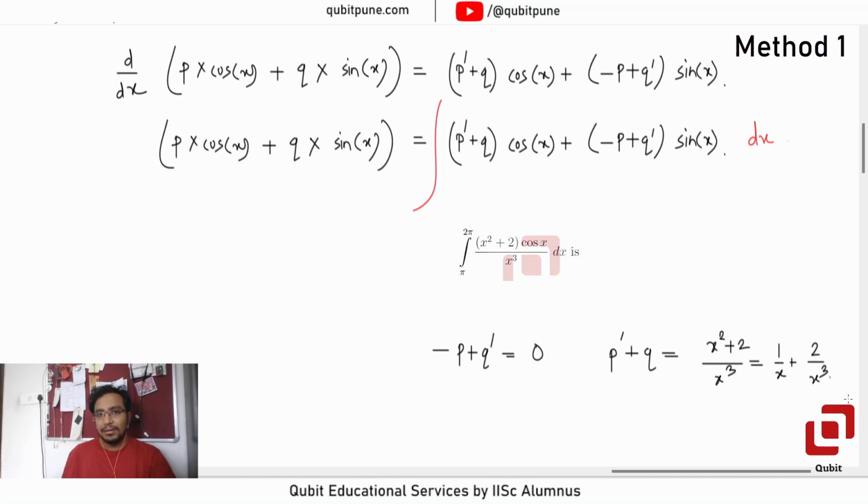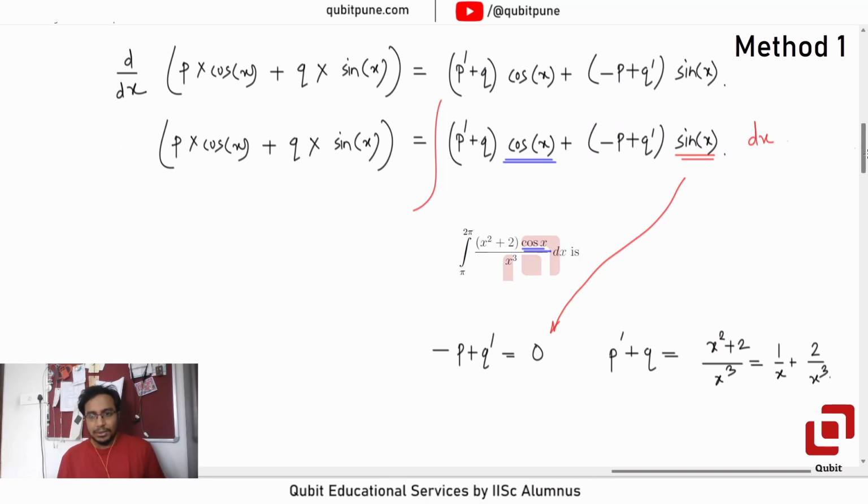Is it clear? We are basically comparing the coefficients. So cos x is there, so we made use of it. Sin x is not there, so we considered negative p plus q dash to be 0. Is it clear? Yes.